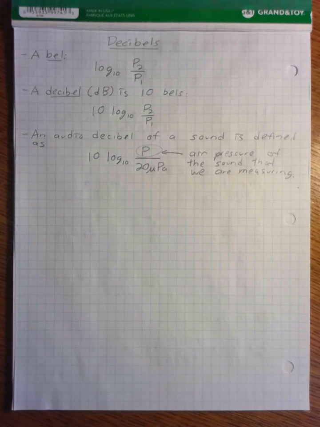Actually, most adults probably couldn't even hear 20 micropascals. Usually just very young kids who haven't been exposed to loud sounds can. Just to show how incredibly sensitive the ear is, 20 micropascals is about 2 10-billionths of an atmosphere, of the normal air pressure that we experience just walking around on Earth.